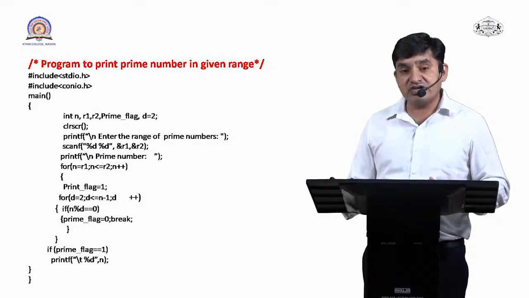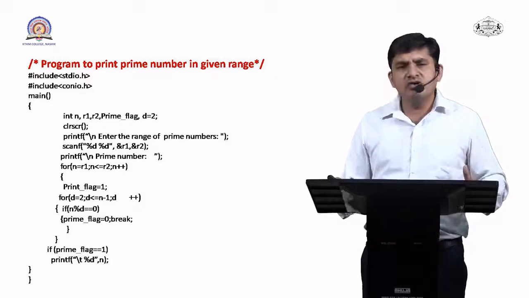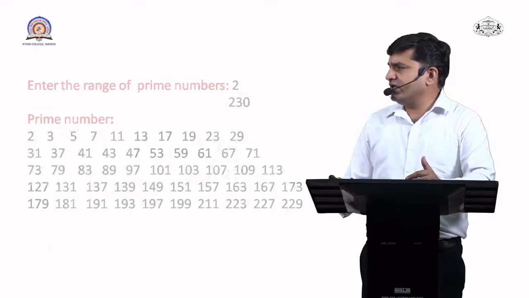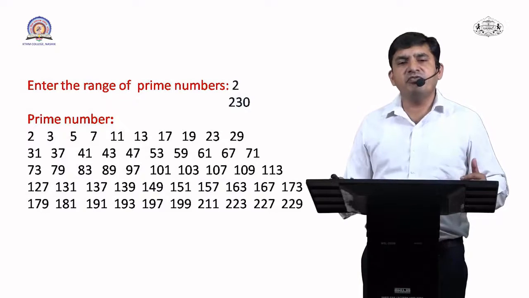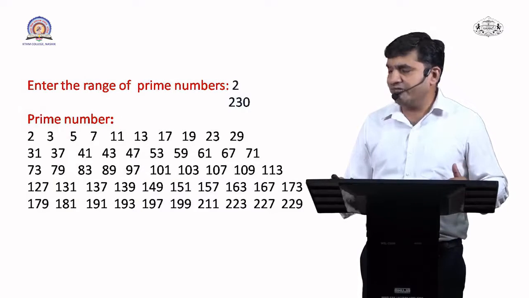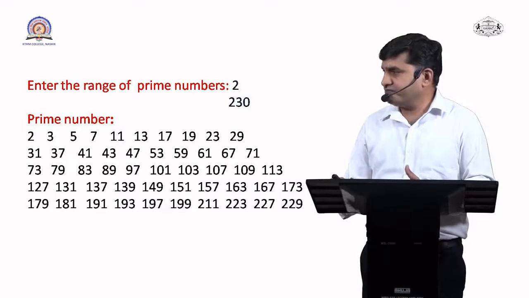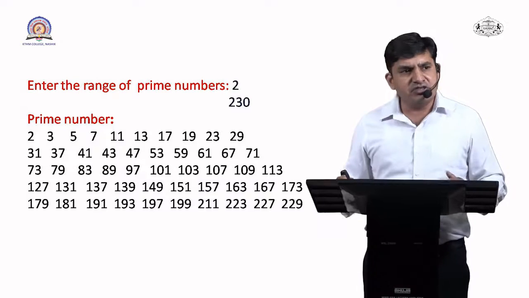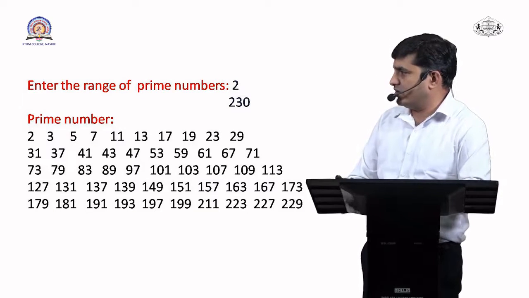Now clear screen is used to clear the previous output. Now the message displayed on the screen, that is, enter the range of prime numbers, by using the output function, that is printf function. Slash n is used to get a new line, and this output function, printf function, is terminated with a semicolon.